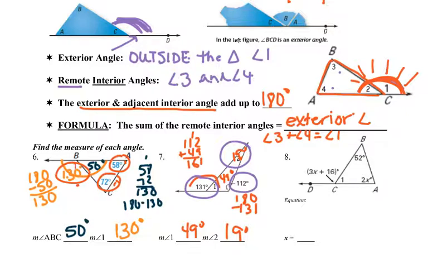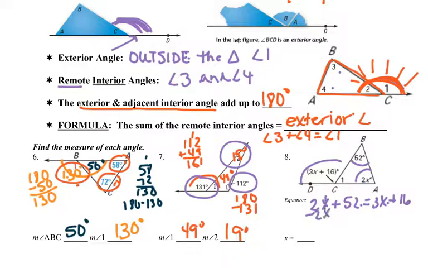Now, you don't always have to use that rule. You can kind of get away with adding up the straight line and adding up the triangle to 180. But in one like number 8, you're kind of forced to use the rule because all you know are these two expressions and this expression. The sum of the remote interior is equal to the exterior.